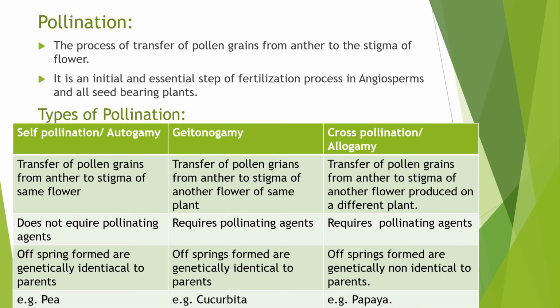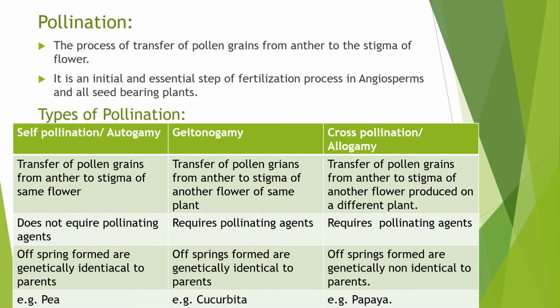Pollination. The process of transfer of pollen grains from anther to stigma is known as pollination. It is the first essential step of fertilization process in angiosperms and all seed-bearing plants. The transfer of pollen grains may take place from anther to stigma of the same flower.